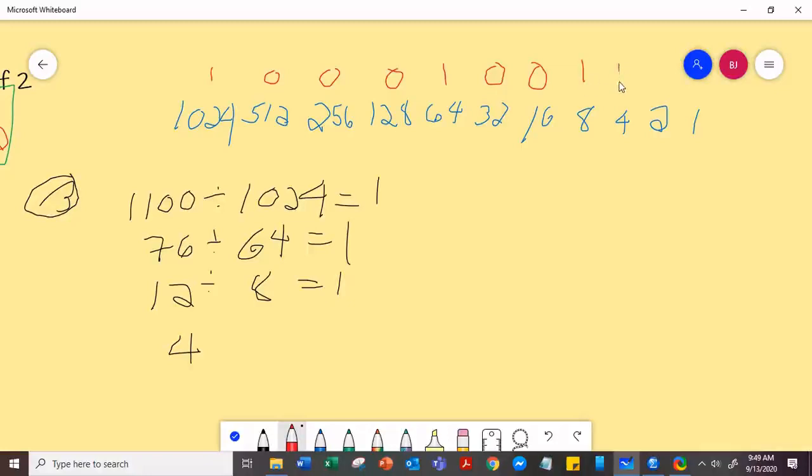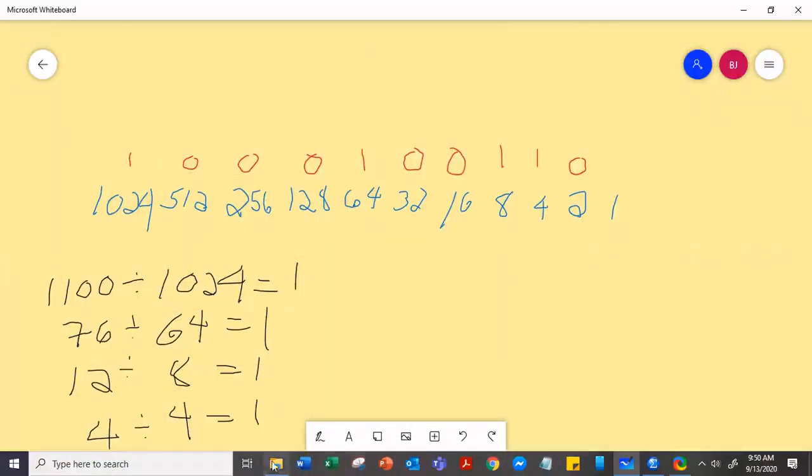So yes, and we can use 4. Divided by 4, we get 1 with a remainder of 0. Of course, we stop. We still have 2 remaining powers of 2, which is 2 and 1, but we just put zeros here.